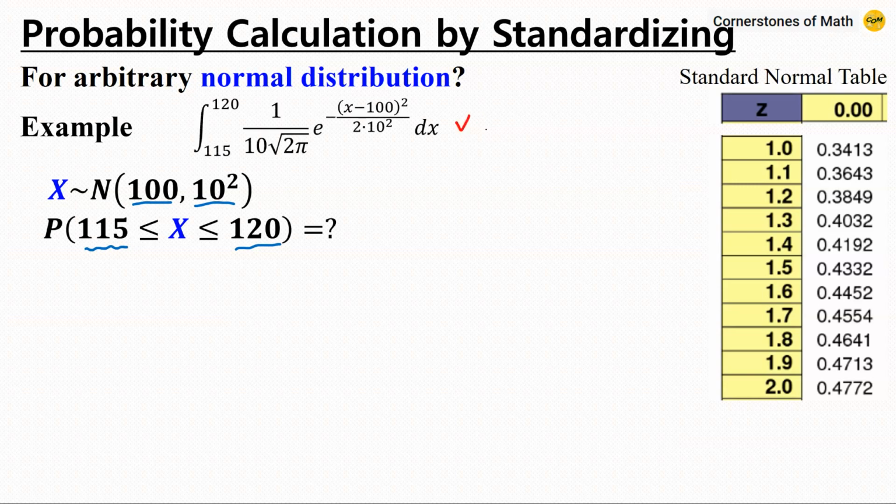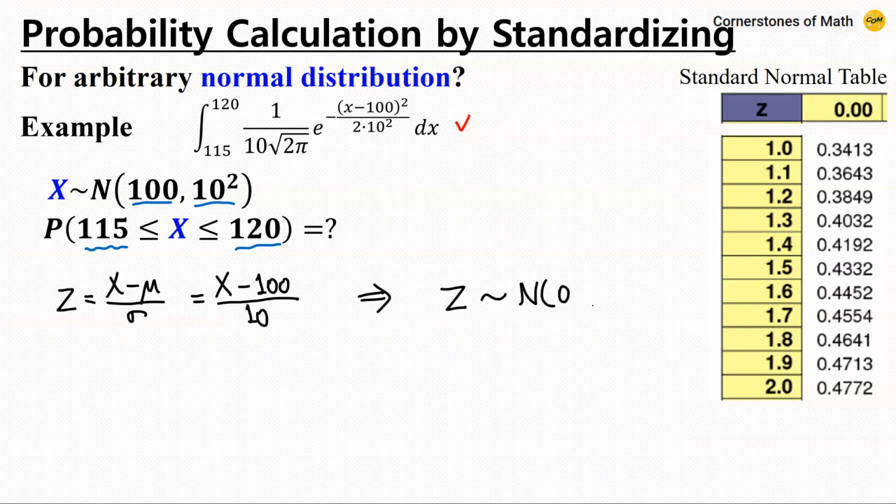But instead of doing somewhat complicated integrals for every different probability density function, we simply standardize the variable by letting z be (x minus mu) over sigma, so in this case, (x minus 100) over 10. Then this new variable z follows the standard normal distribution, 0, 1 squared.